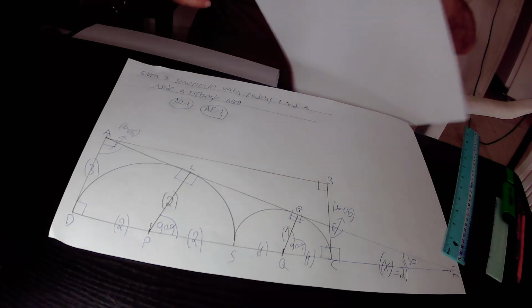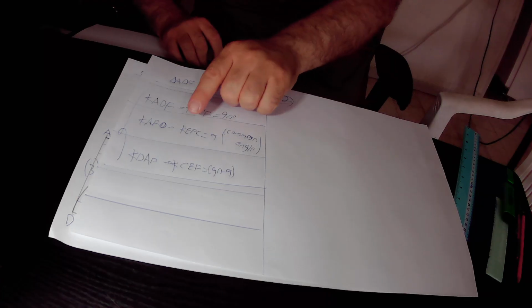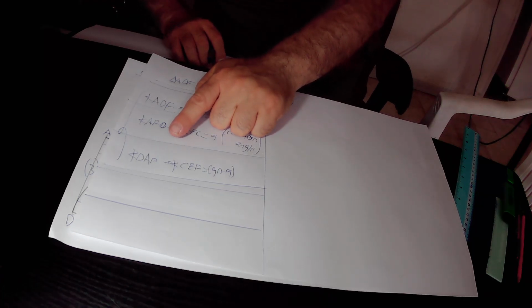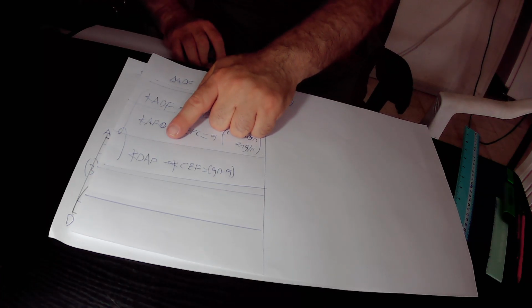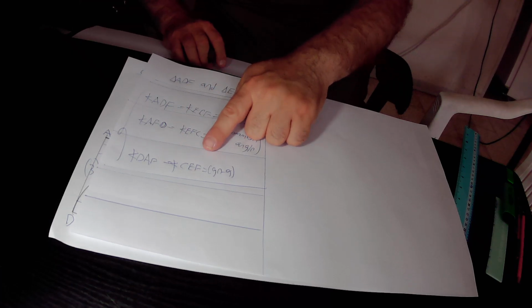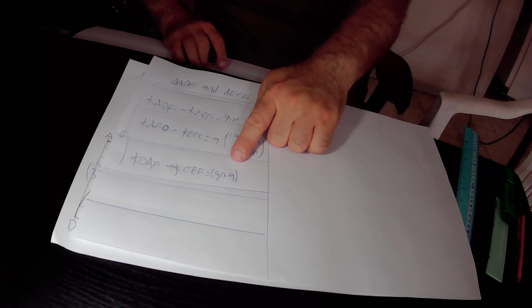So repeat again: angle DAF in the big right triangle AFD equals angle CEF in the small right triangle ECF. They are both equal to 90 degrees on a circle, therefore they are equal to each other.